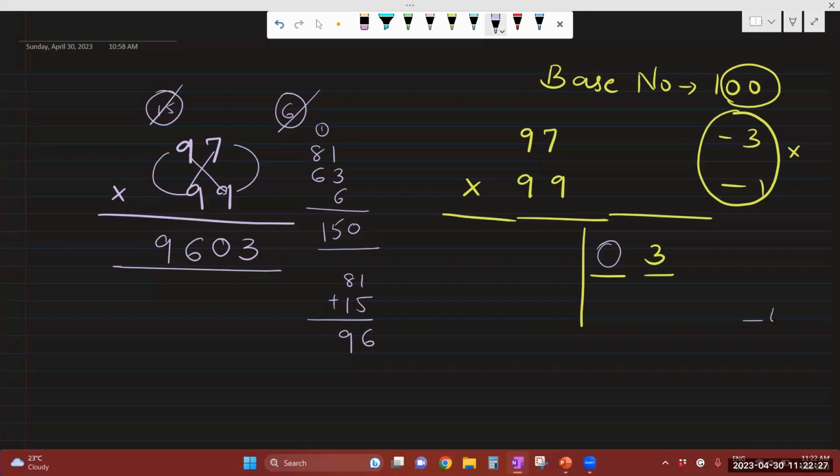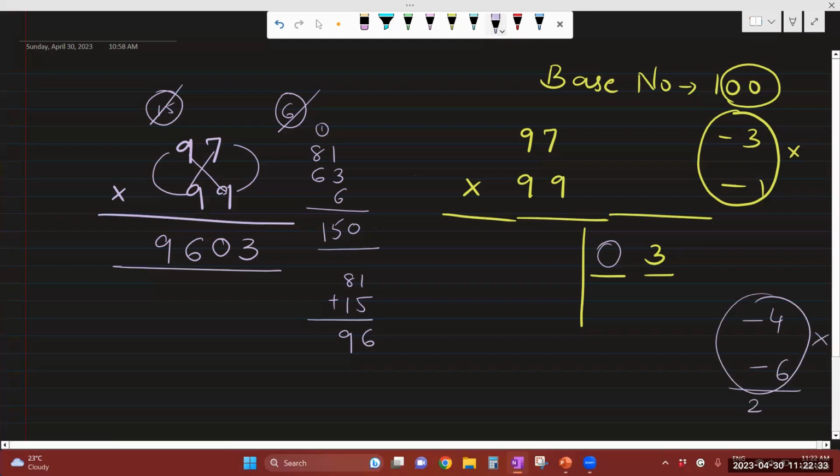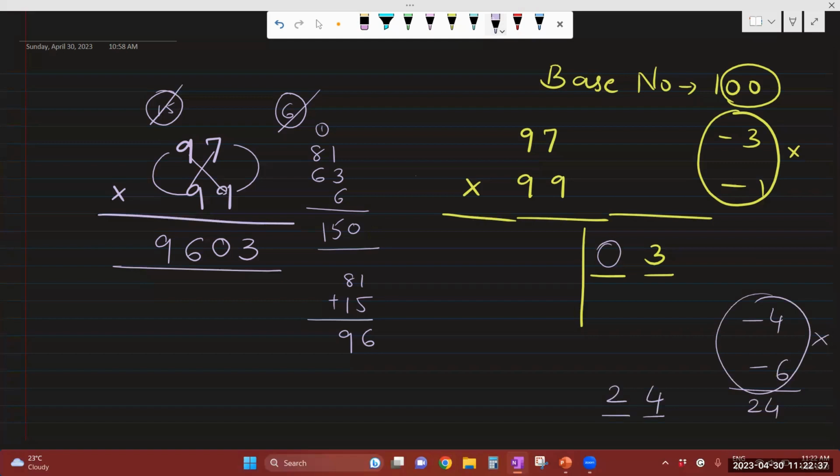Had the differences been, say, -4 and -6, when you multiply these two values you get 24. That is a 2-digit number, so both the spaces are filled. But in this case, since the product of -3 and -1 is single digit, just 3, one space is left blank where you are supposed to put a 0.